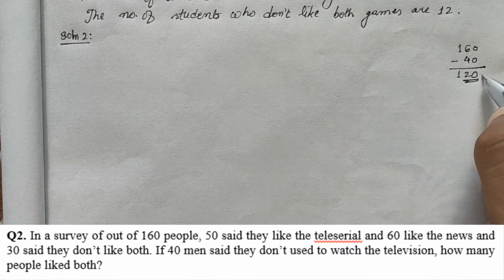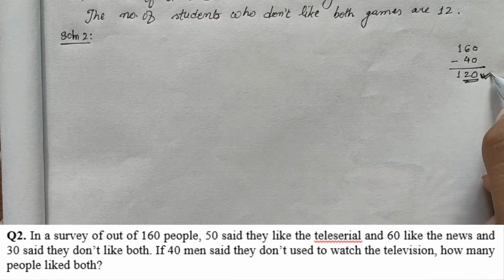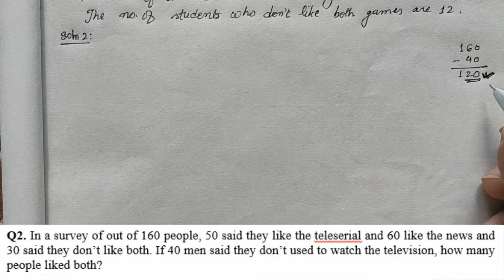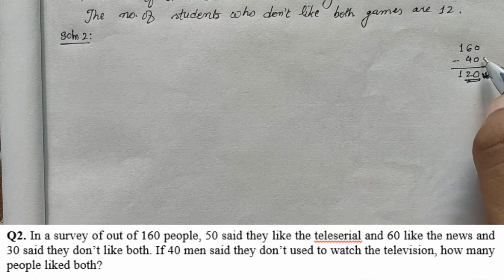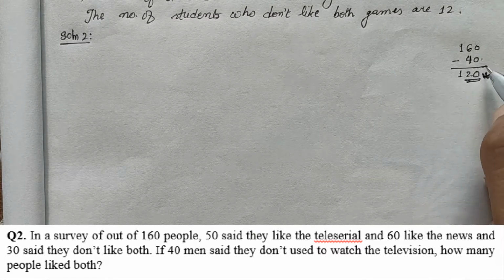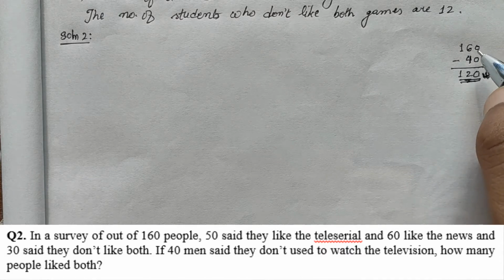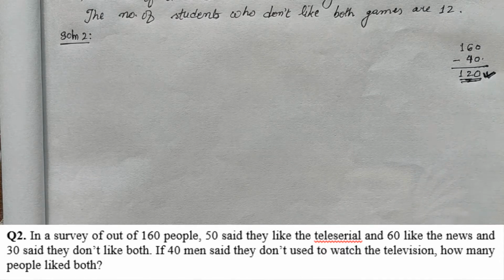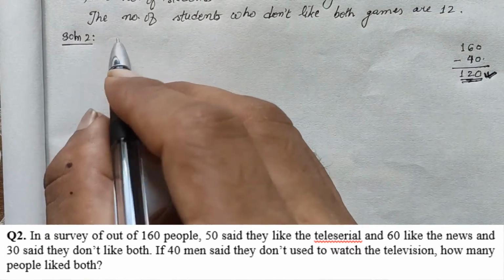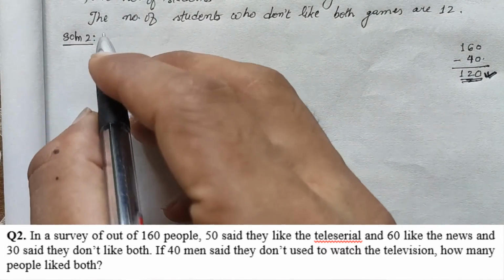This is our universal set, because we are finding for teleserial and news. Since 40 of them do not watch television, they are not included. So our new NU is 120. This is not the NU, so don't be confused.